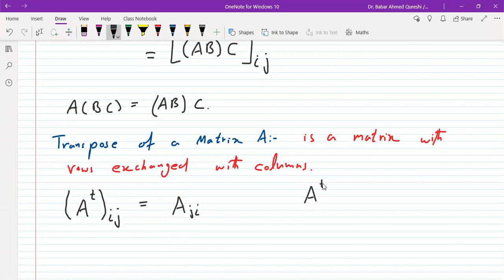So for example, A transpose 2,3 is the same as A 3,2. That's the definition. Whatever number you have at the third row and second column in A, you take it and put it at the second row and third column, and that would be your transpose.